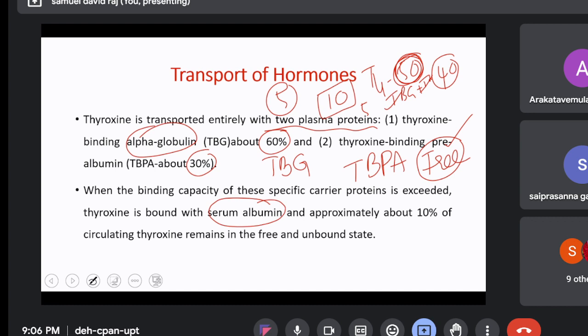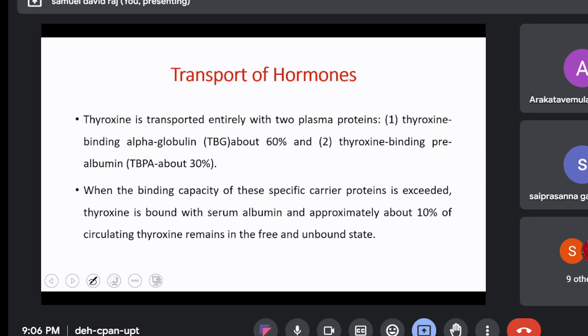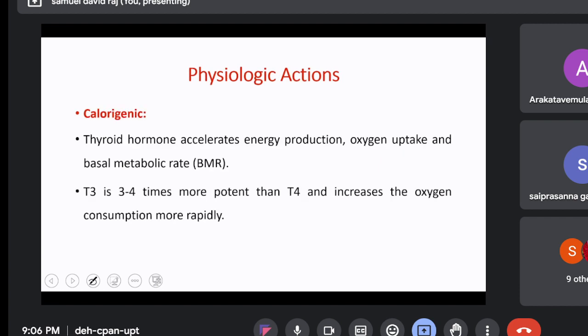Thus thyroxine can be transported through the blood in 4 forms: one, thyroxine associated with TBG; the other, thyroxine associated with TBPA; the third, thyroxine associated with serum albumin; and the last one, free form. This is how it gets transported.